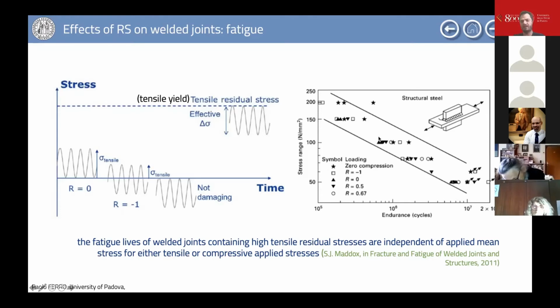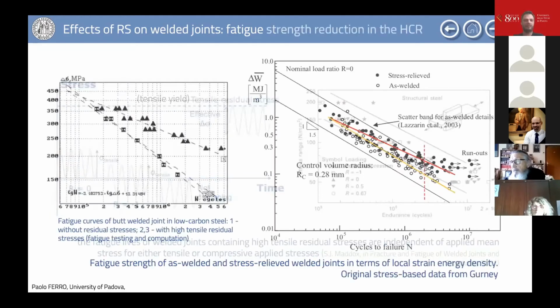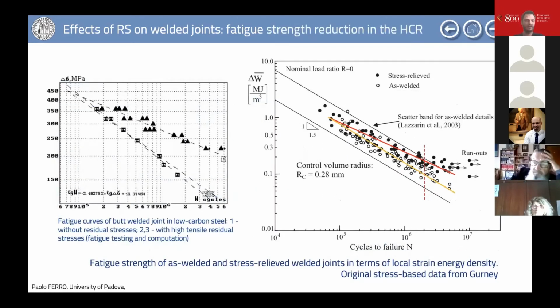You can see that the fatigue strength is almost independent of the mean applied load. Another effect of residual stresses is that they can reduce or improve the fatigue strength of welded joints in the high cycle fatigue regime. These are two experimental evidences, in the graphs on your left and on your right, in terms of the applied load or the strain energy density.